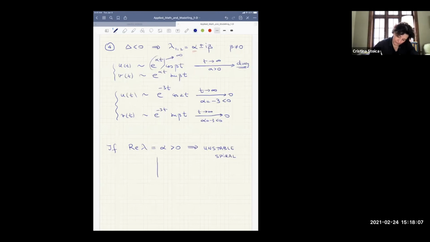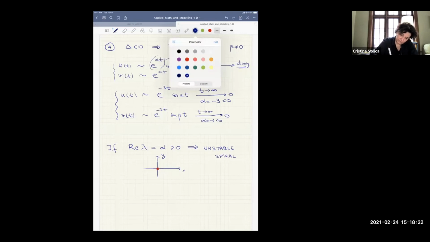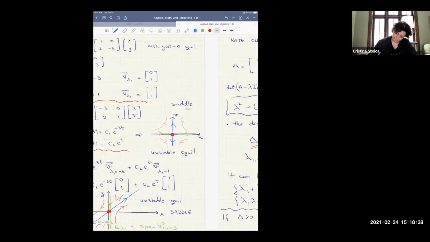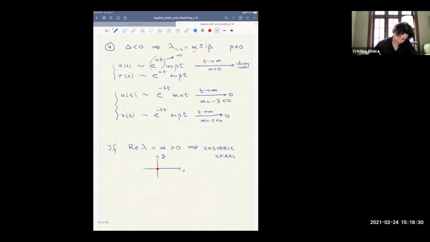So if I'm doing it in the XY coordinates, doesn't matter wherever the point is here. If it's in 0, then we have a trajectory that does something like this. It comes in and it goes out, right? Okay.